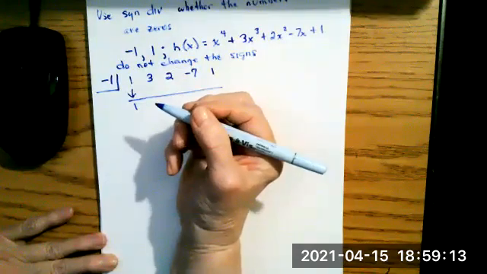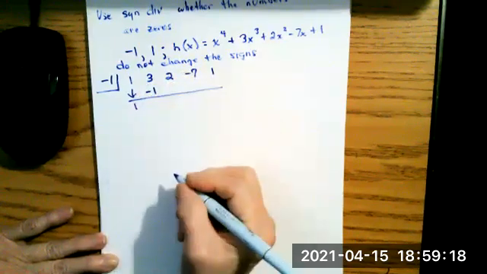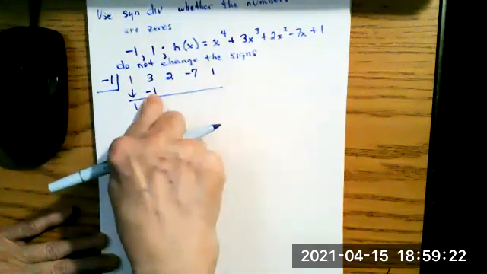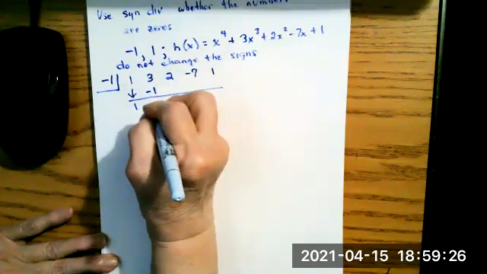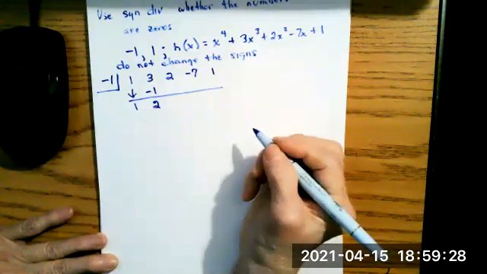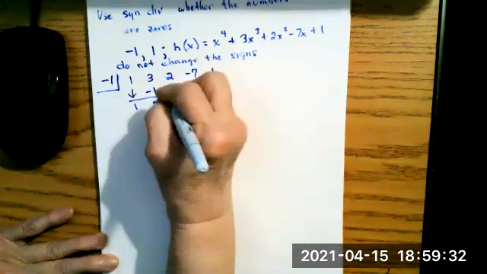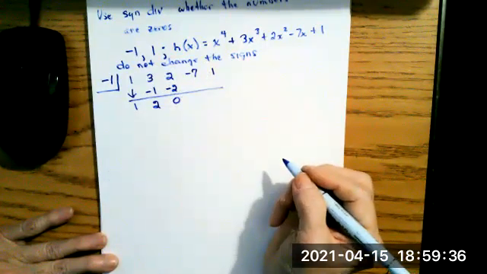You don't change signs. You should like this a whole lot better than that long division we did. So you multiply -1 times 1 and put the answer here. 3 and a -1 is 2. You're combining like terms. 2 is positive. -1 times 2 is -2. So you get a 0 in that spot.